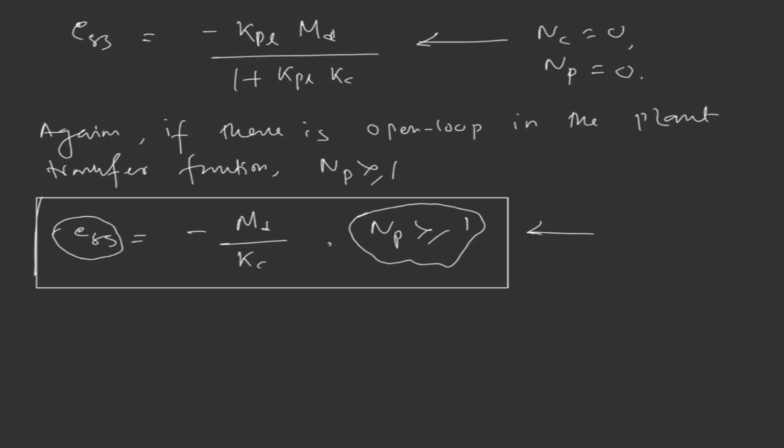How? If MD is a constant disturbance in the system, and we increase the KC gain considerably high, we can manage the steady state error.